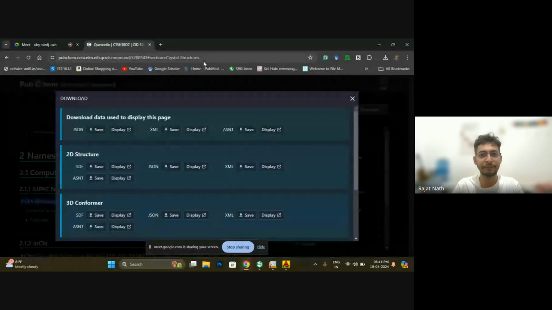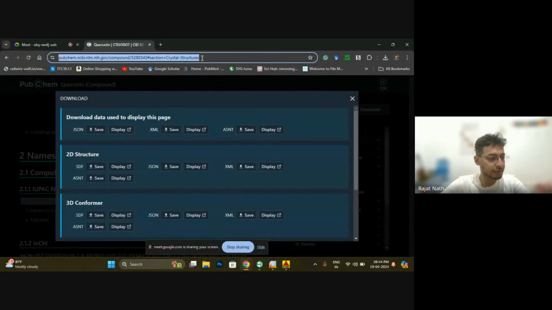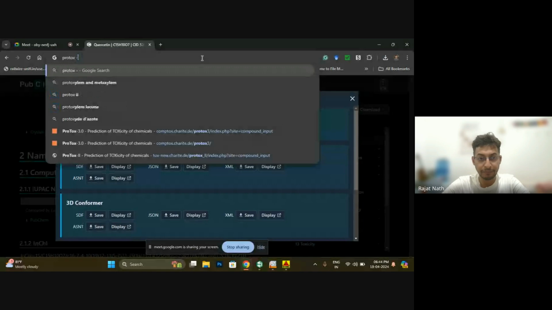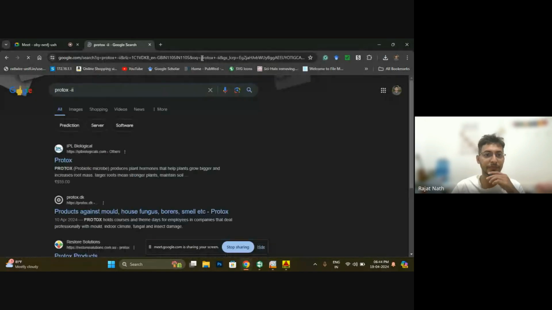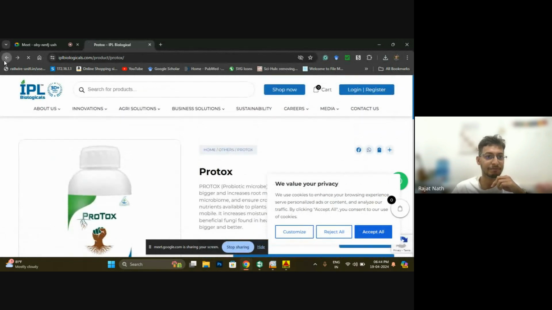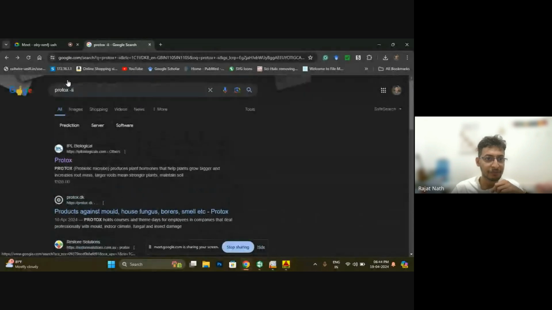Then we studied the toxicity of the compound. For that, we used TOX2.